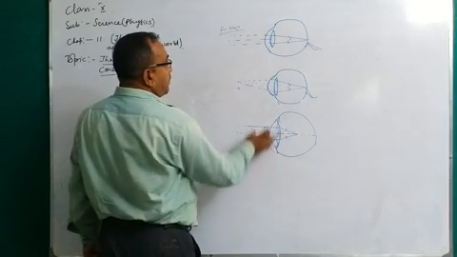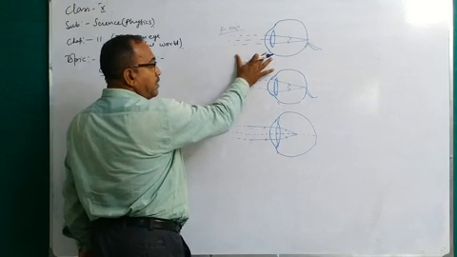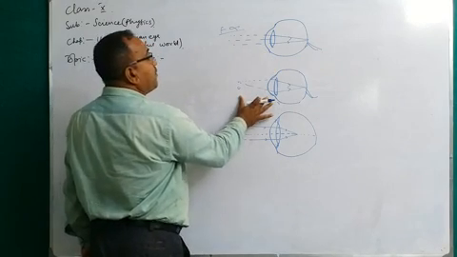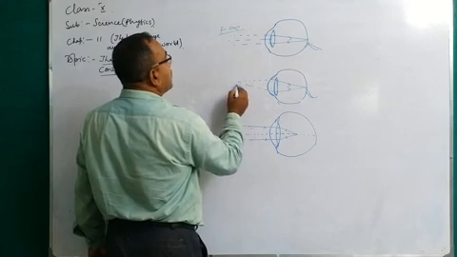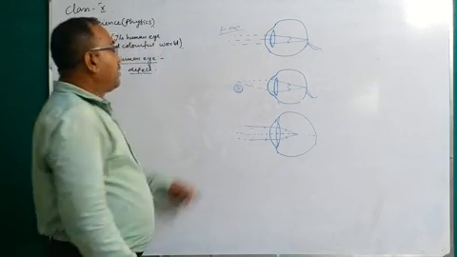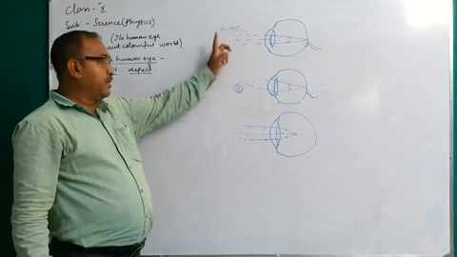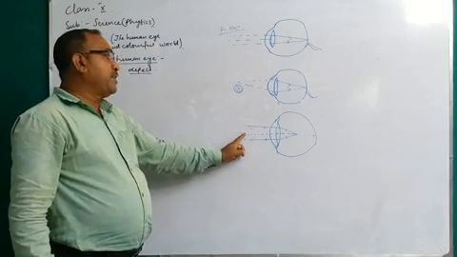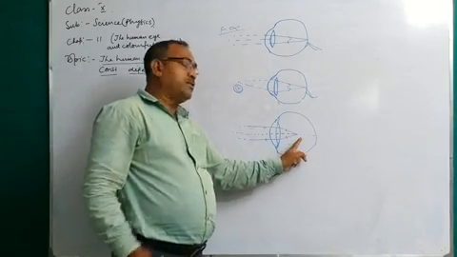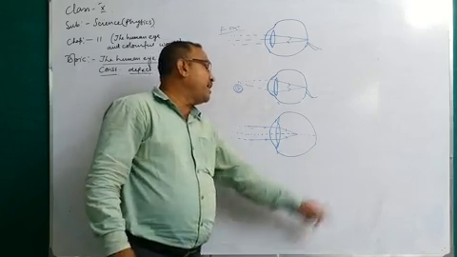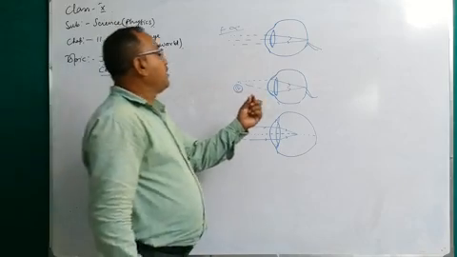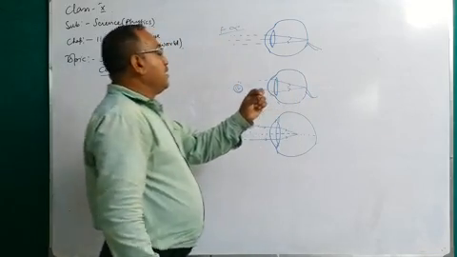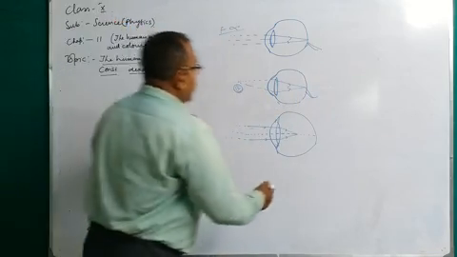This is the normal human eye. And this is the problematic eye: your far point is just nearer to the human eye, but actually the far point is infinity. The image will form in front of the retina, so you cannot see the object clearly. You try with the help of the ciliary muscle, and the eye lens will increase or decrease.